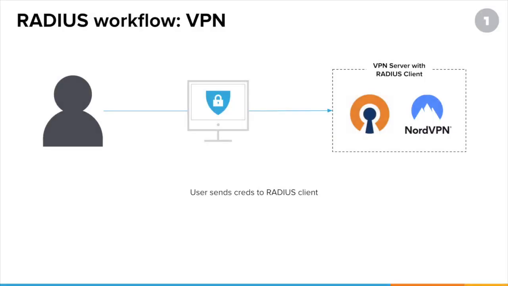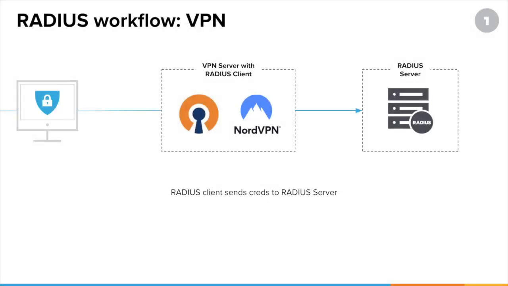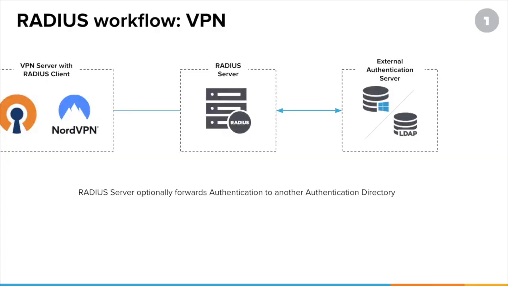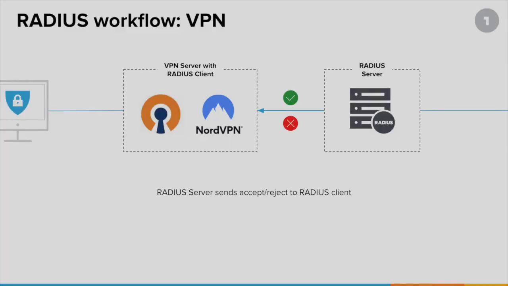As requested, the user provides the credentials to the VPN server, which also, as you remember, is viewed as a Radius client. Now, the VPN server, again Radius client, can send the credentials over to the Radius server. At this point, the user and their credentials are checked against those stored directly in the Radius server's database, or the Radius server has been configured to forward the authentication request to some other authentication directory, such as Active Directory.